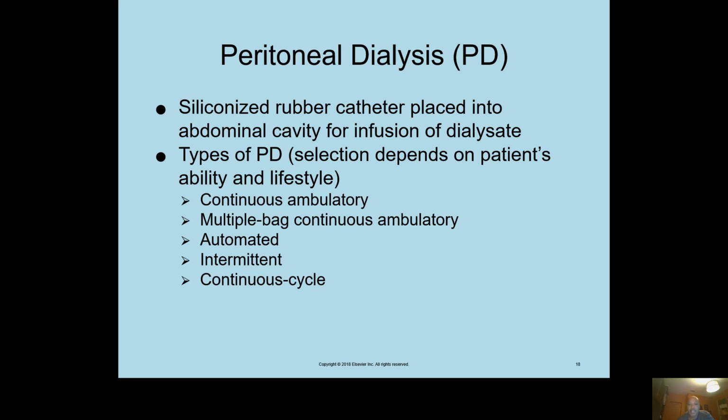Now, other disadvantages of peritoneal dialysis are protein loss in the outflow of fluid. There's also potential risk for peritoneal injury, and there's discomfort from indwelling fluid going into the abdominal cavity. There can be quite a bit of discomfort in that regard.